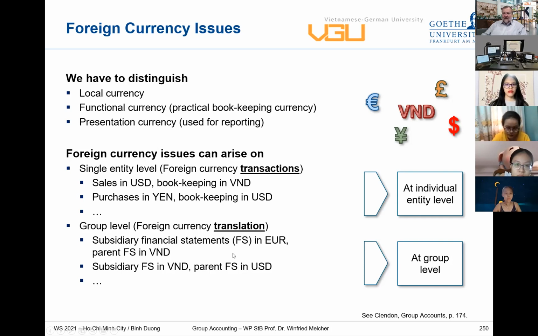Okay, so that is what we have to distinguish and what we have to be very cautious about when we talk about foreign currency issues. We have to understand the difference between a transaction in foreign currency and a translation into a foreign currency, or from a foreign currency into a reporting currency, for instance.